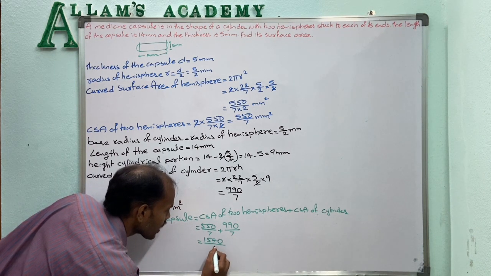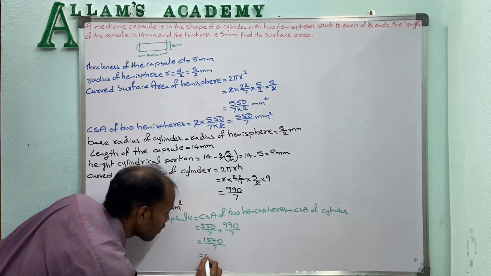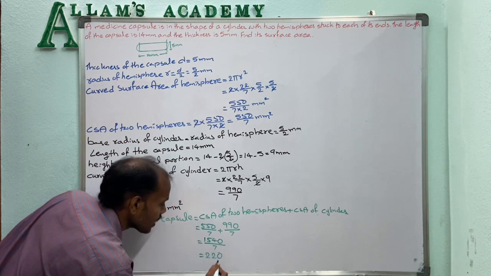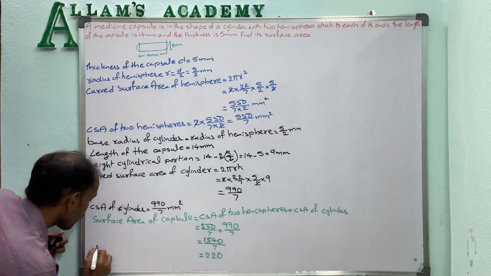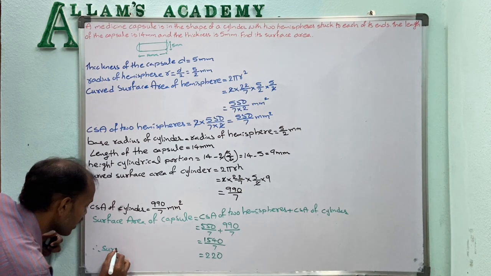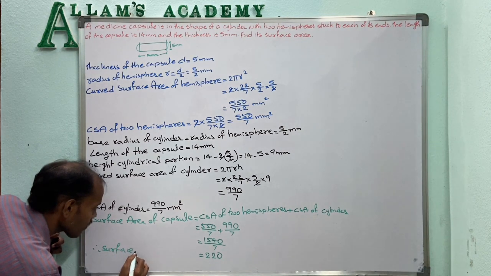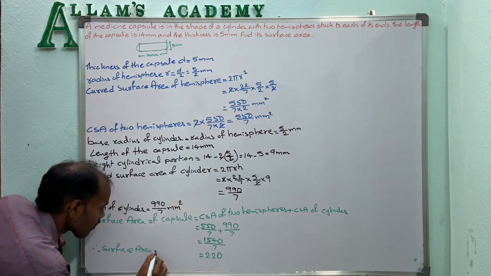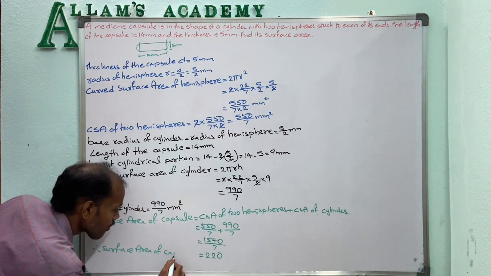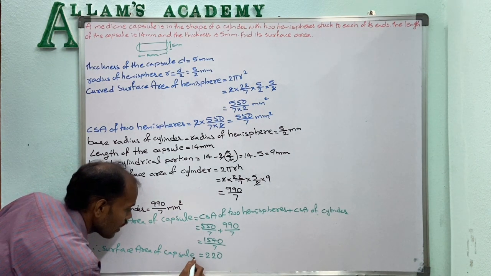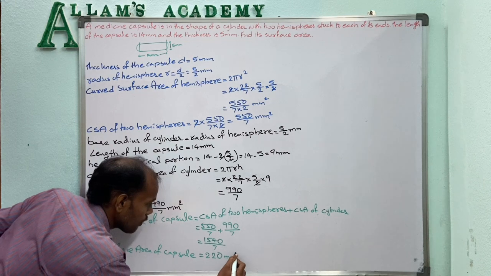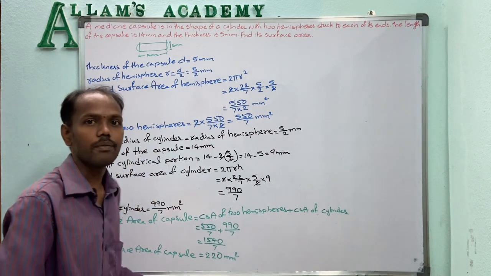So 1540 by 7 is nothing but 220. So the surface area of the capsule is equal to 220 millimeter square.